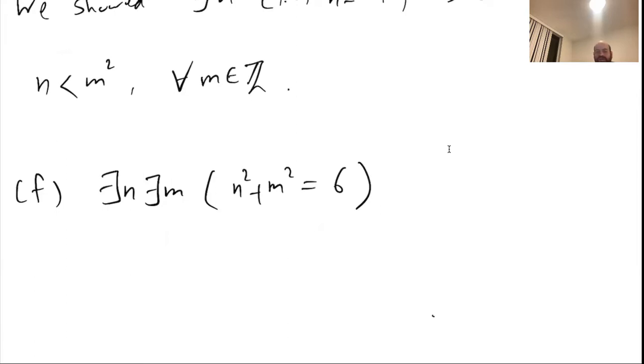And this is exactly what the question is asking us. So if the equation has a solution, it means there exists at least one n value and one m value such that n squared plus m squared equals 6. But if the equation has no solution, it means there does not exist any n and m value such that n squared plus m squared equals 6.